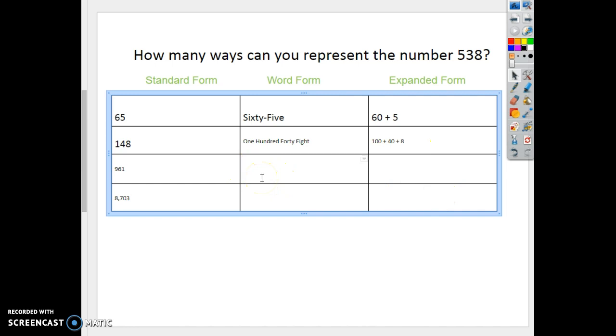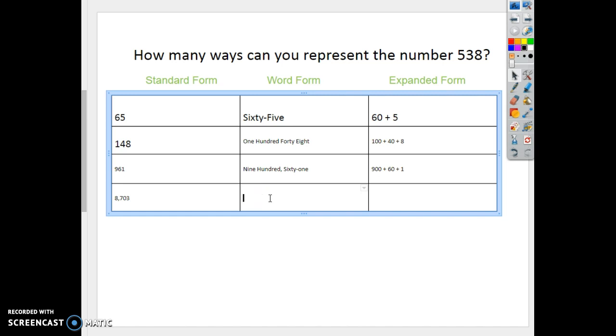All right, so the first one was 961. In expanded form would be 900 plus 60 plus 1.